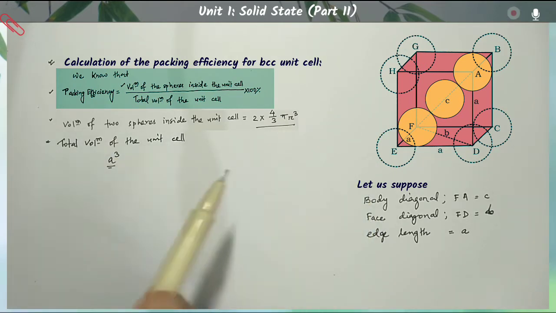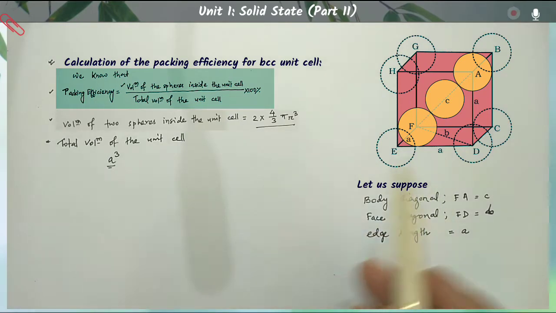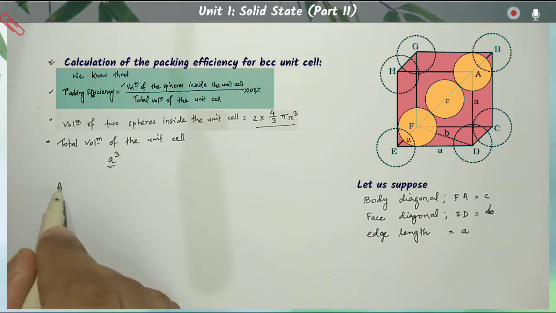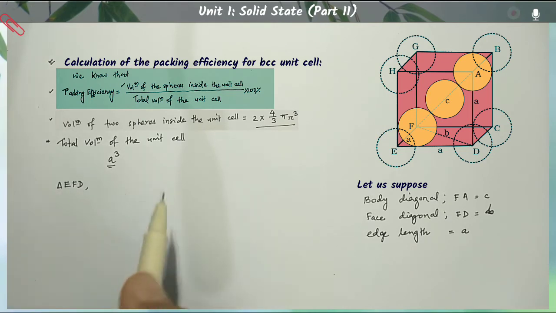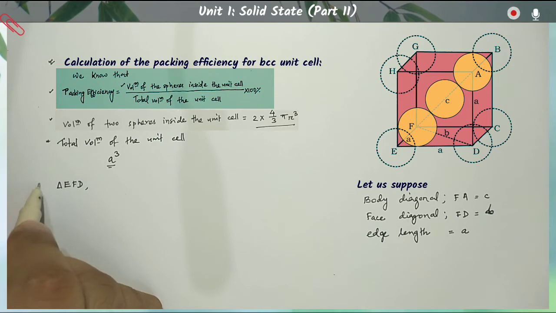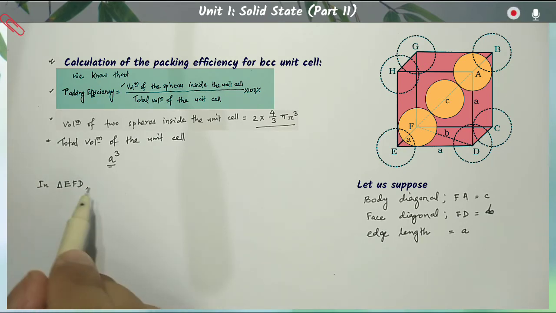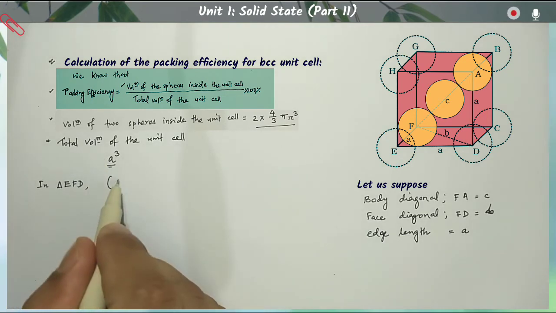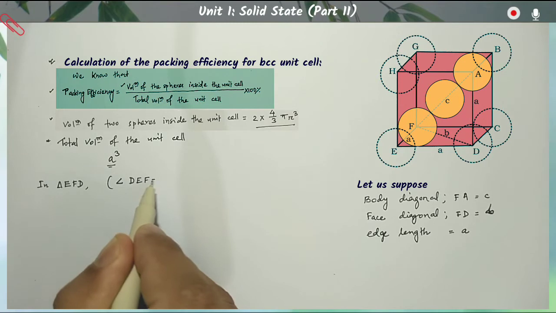For that, let us consider the triangle EFD. In triangle EFD, this triangle is a right angle triangle because here angle DEF is equal to 90 degrees.